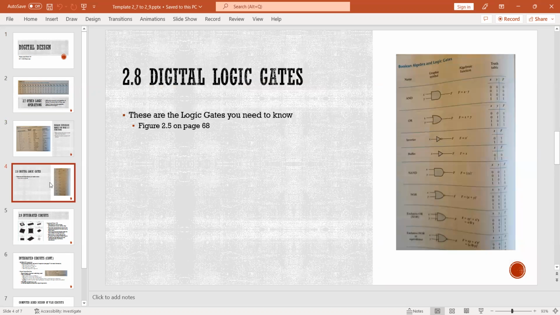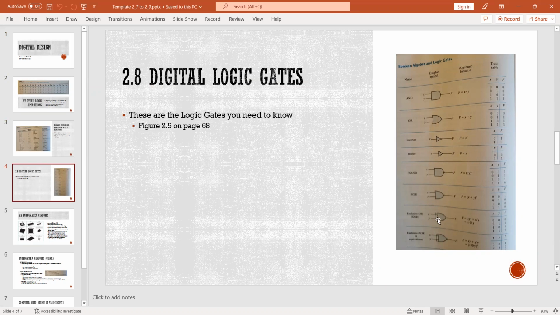What you want to concern yourself with are these gates that are shown on this slide. You have the AND, OR, and you already have your inverter, which you know about. A buffer just sends the signal through. Then you have the NAND, in which the output is inverted, and the NOR, where the output of an OR is inverted, so it's the opposite of what you think.